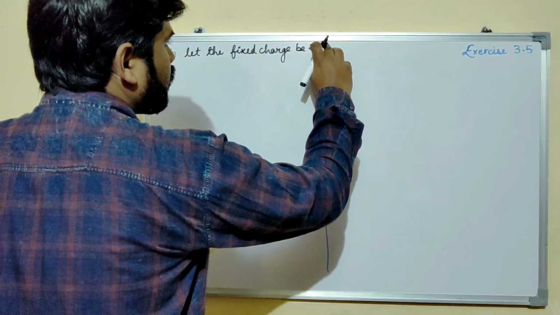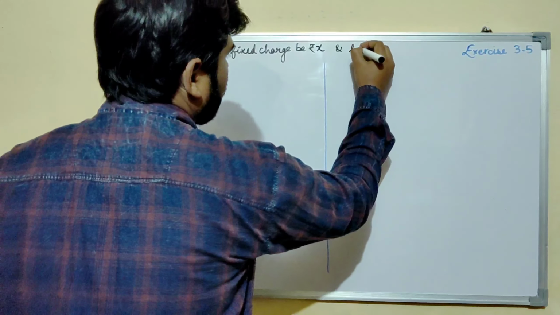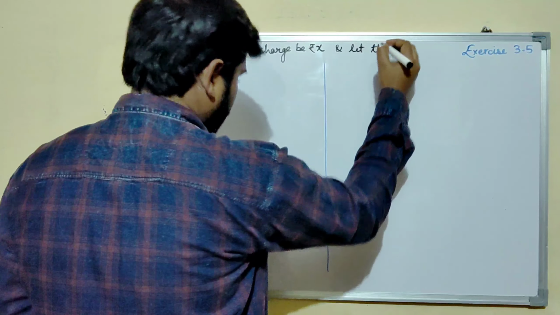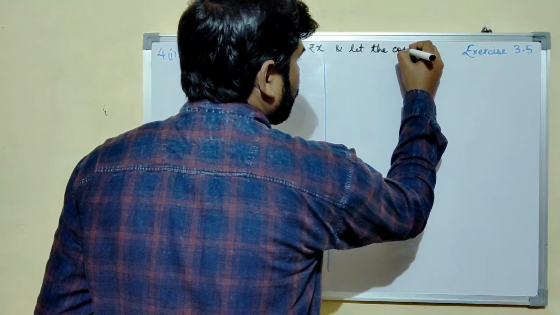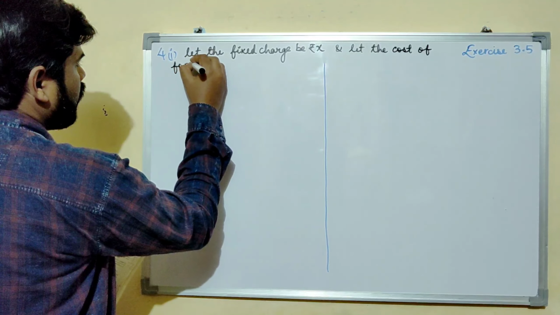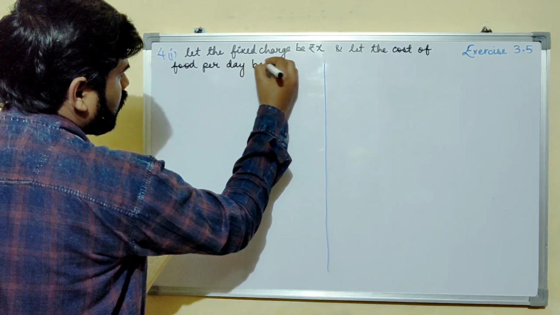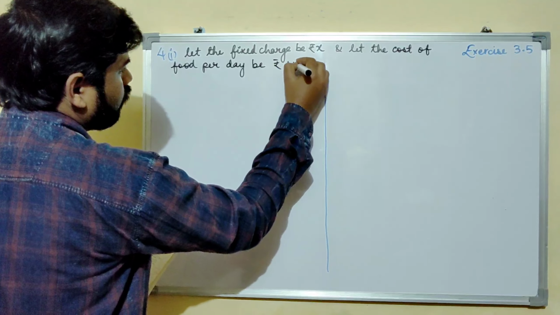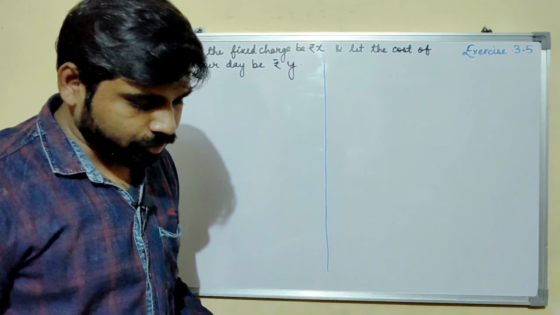Okay, so x is the fixed charge here, and let the cost of food per day be rupees y.